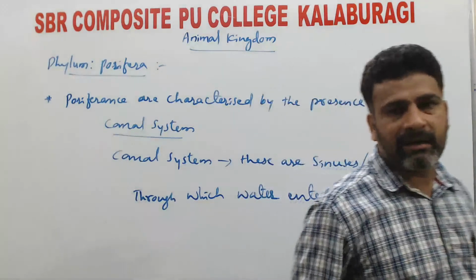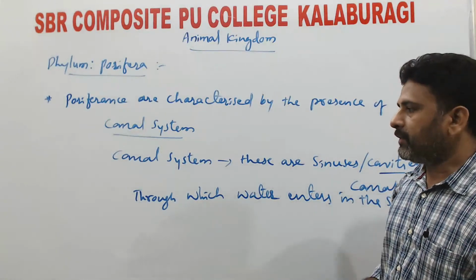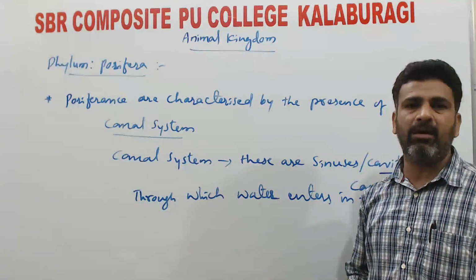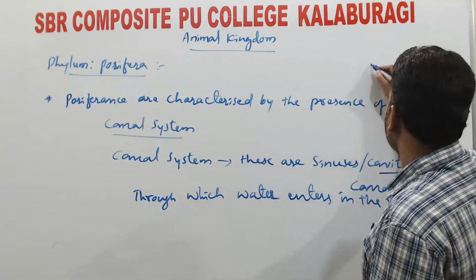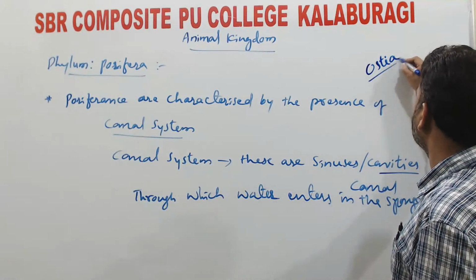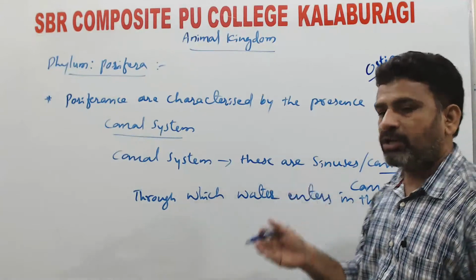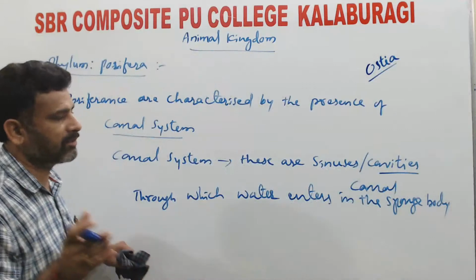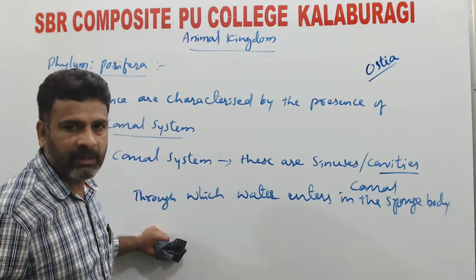The radial canals are there, the transverse canals are there. All these canals open to the outside through minute pores, which are called ostia. That means ostia connect with the surrounding environment.